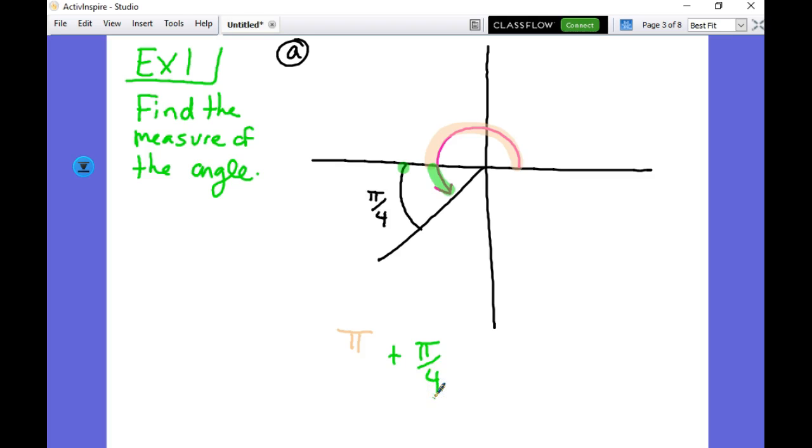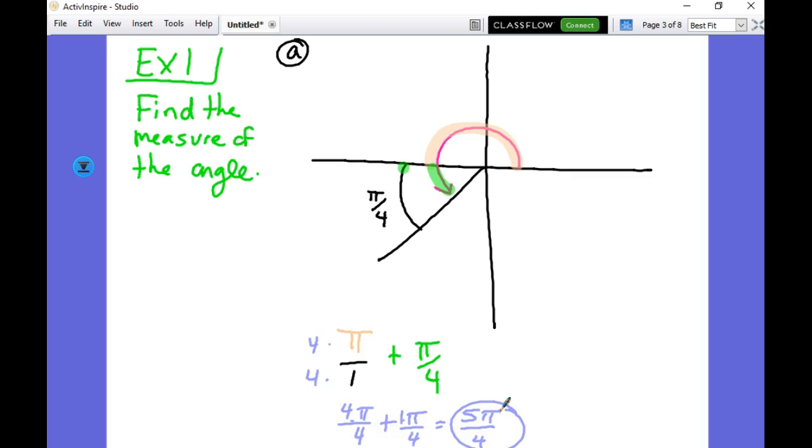And so we just need to combine those together. So you need a common denominator. So you'll want to put this over 1, and we're going to multiply the top and the bottom by 4. That's going to give me 4 pi over 4 plus pi over 4, which is 4 plus 1, so 5 pi over 4. That's it. So that angle is 5 pi over 4.